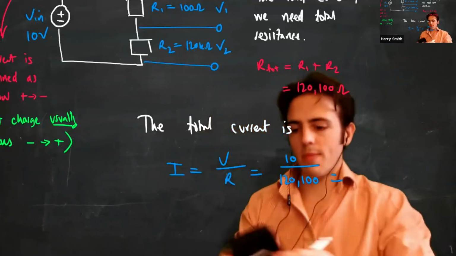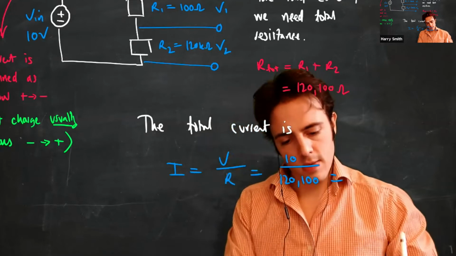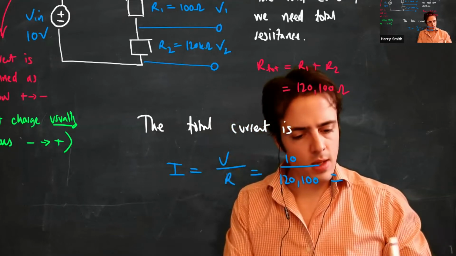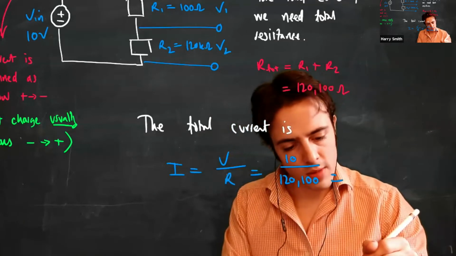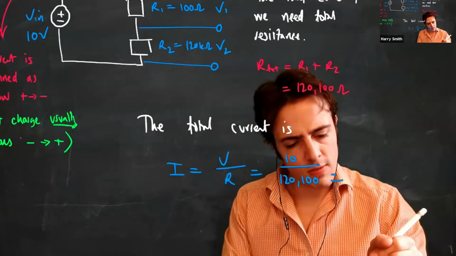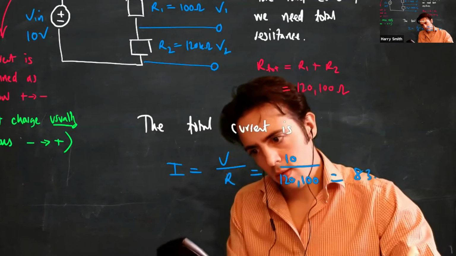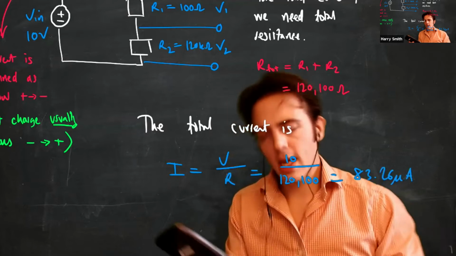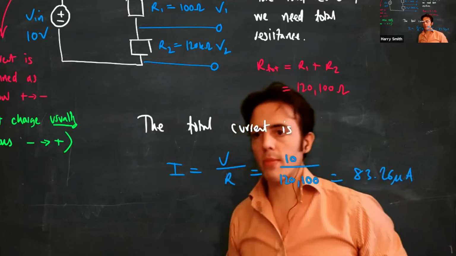And I can't do that in my head. So my total current's a really small number. Okay, so 83.26 microamps would be the total current.